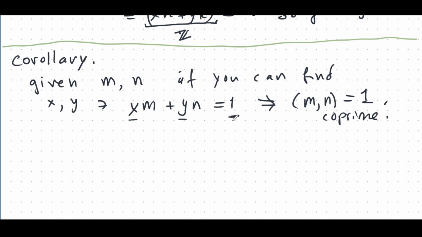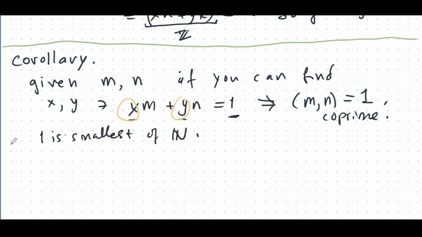But there is nothing lower here. 1 is the smallest natural number. So if you can find an X and a Y that makes this 1, you're done. The two numbers are coprime. It can't get any lower than that. You see the beauty of this? So this corollary is very important.